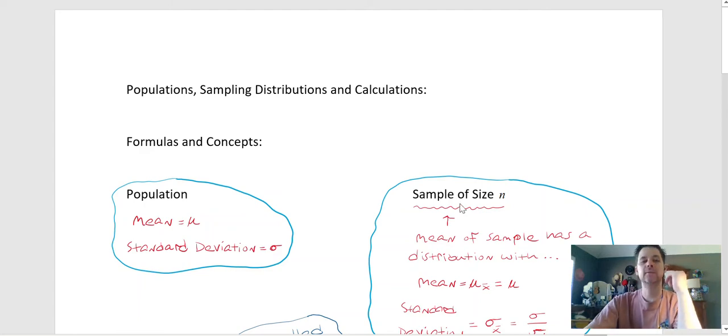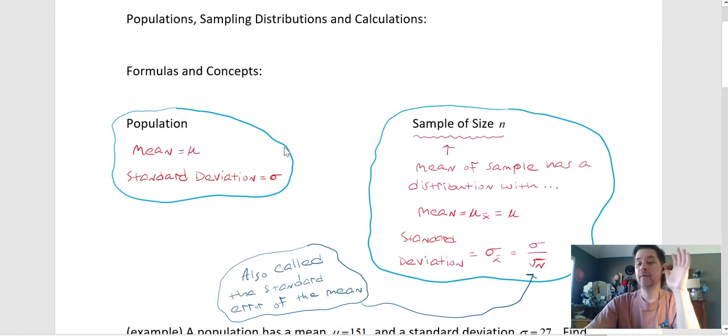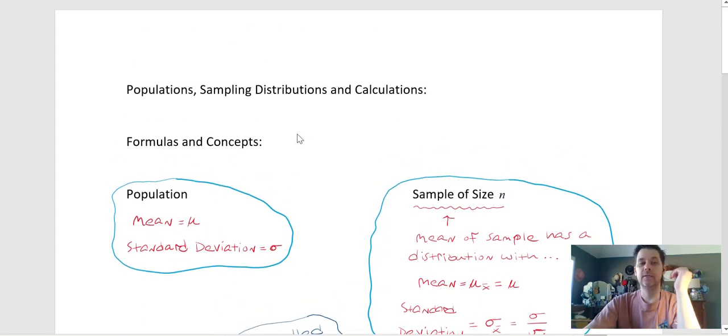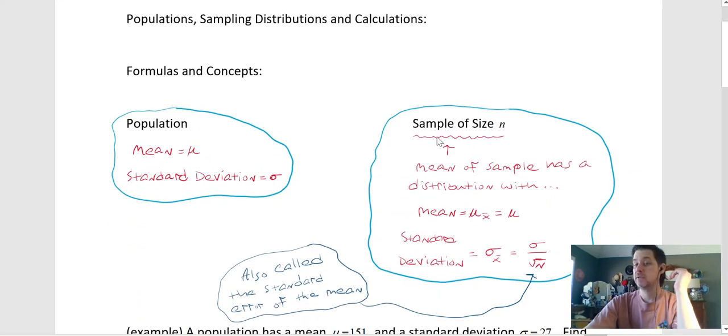Okay, everybody. So today's video on populations, sampling distributions, and the calculations that we need to do may or may not be a good place for you to start. I made a video yesterday that was just about the concepts, what a population is versus what a sample is, what we do with a sample, and so on.